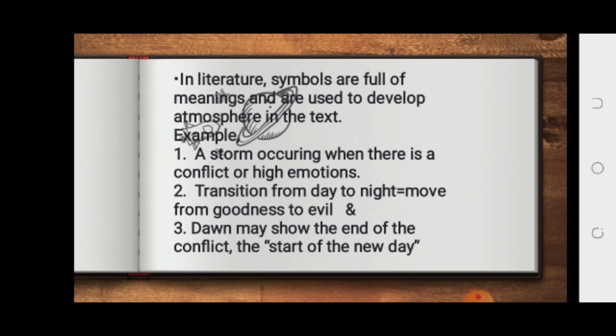So there are some examples: a storm occurring when there is a conflict or high emotions, transition from day to night, and moving from goodness to evil. And these sorts of things can represent symbolization in terms of its usage in literature.